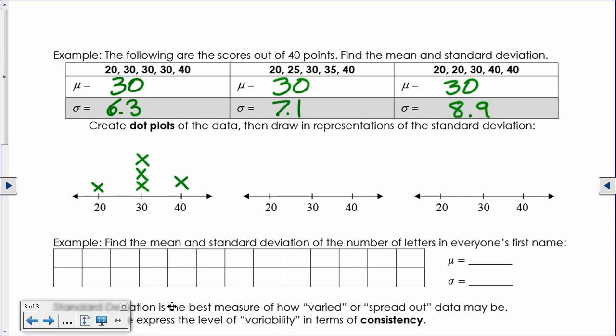So I have this. Then for the next set, I have a 20, then a 25. How would I represent the 25? In the middle here. Then I have a 30, a 35, and a 40. And over here I have 2 20s, 1 30, and 2 40s.